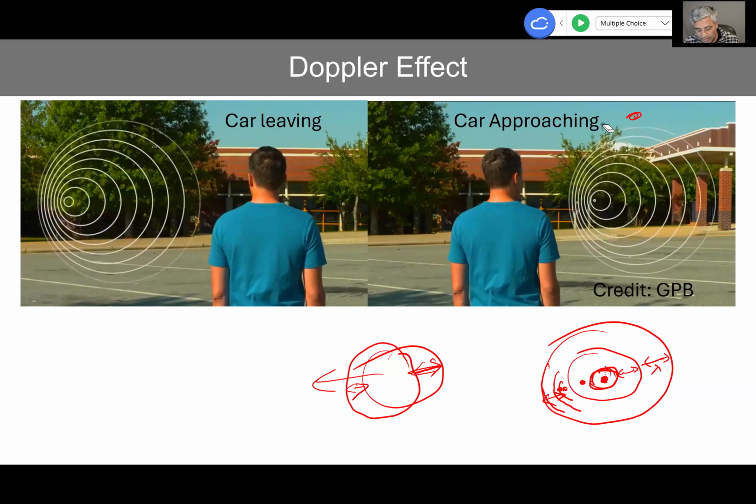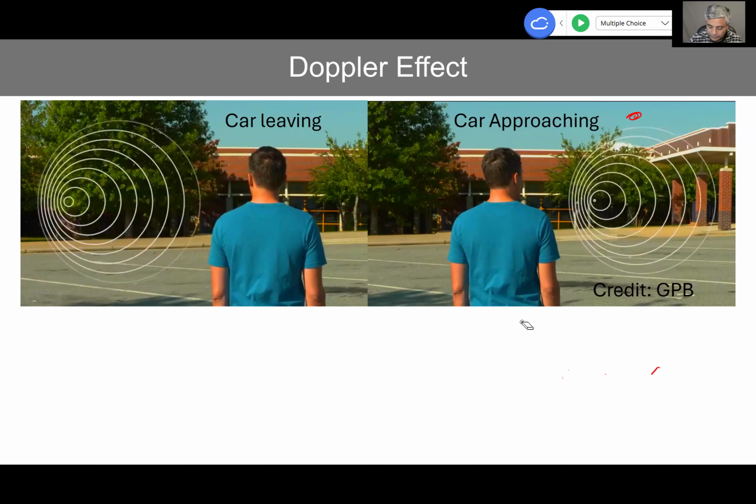And I had linked this video for you in the pre-class exercise, I think. And I grabbed a screen from that video and put two screens together here. And you can see when the car is approaching, this portion is arriving. So that means the frequency you hear is larger.